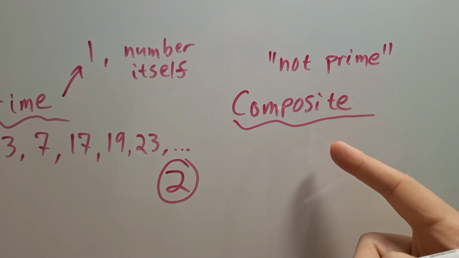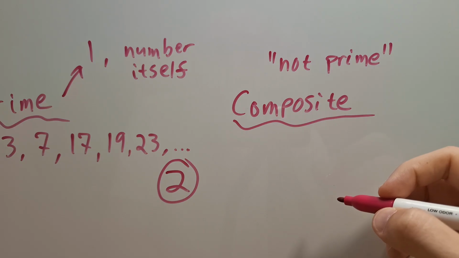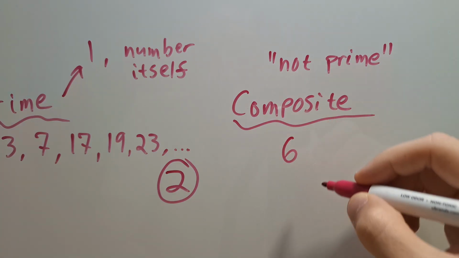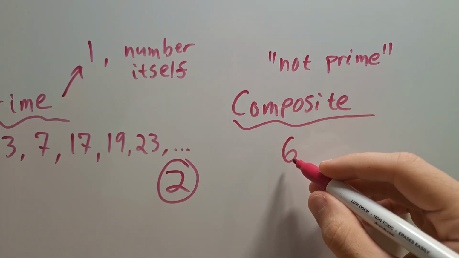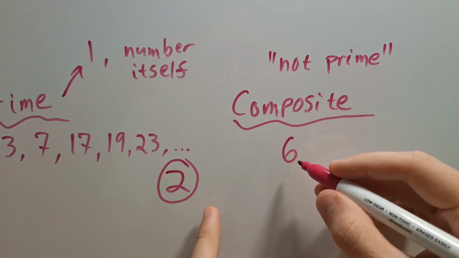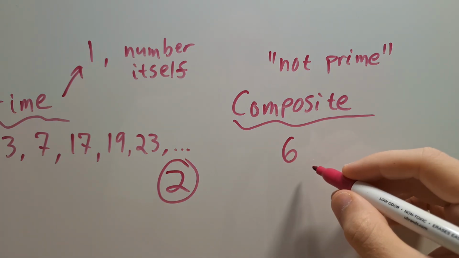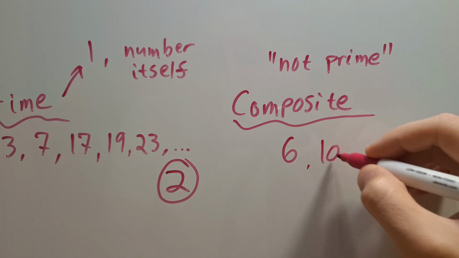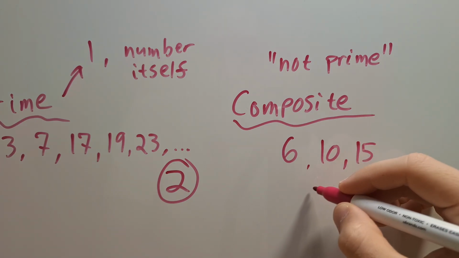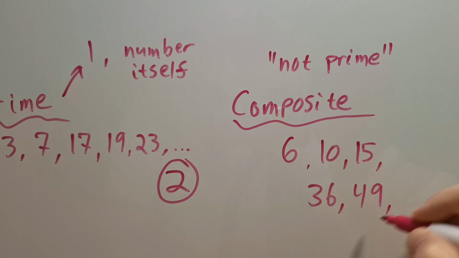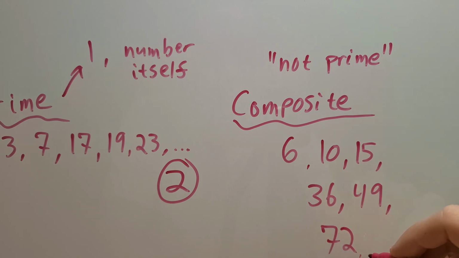So composite numbers are numbers that are divisible by themselves and 1, as well as multiple other factors. For instance, 6. This is an even number, so it's divisible by 2, as well as itself, 1, and 3. Other examples would be 10, 15, 36, 49, 72, the list goes on and on.